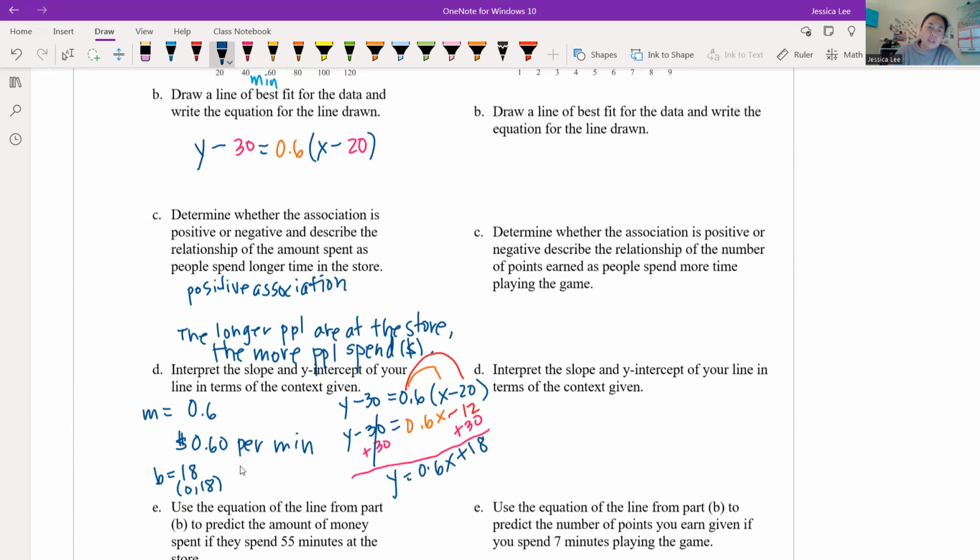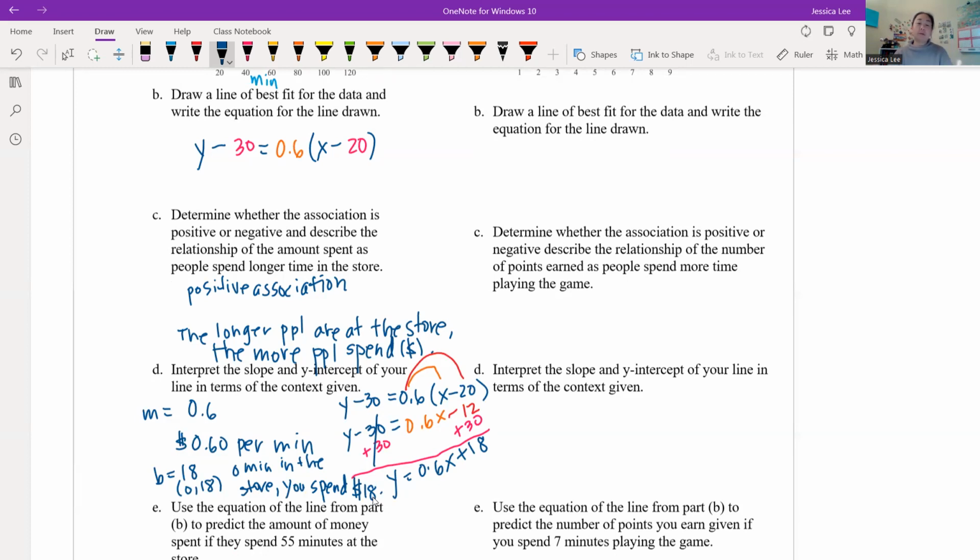It kind of doesn't really make sense, and usually with scatter plots, y-intercept doesn't really have much meaning. But in this context, if you spend 0 minutes in the store, you spend $18.